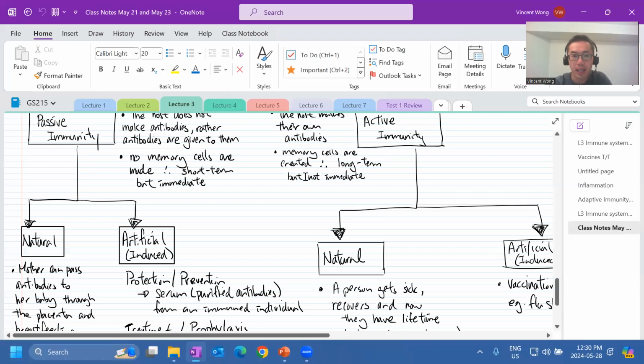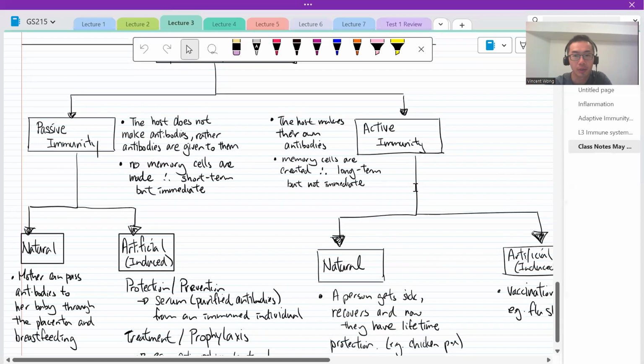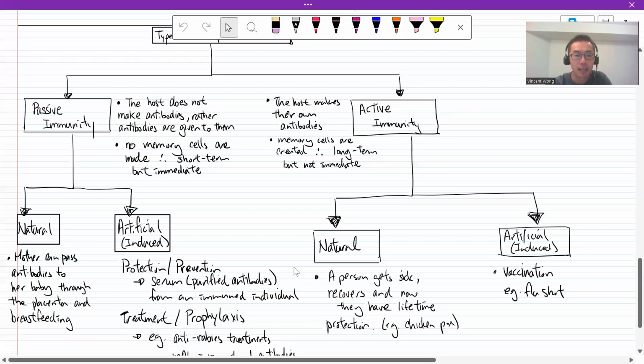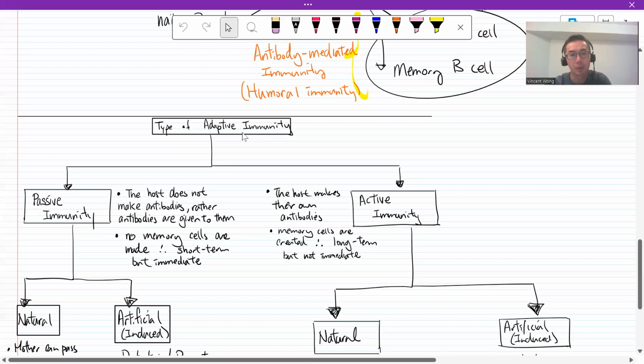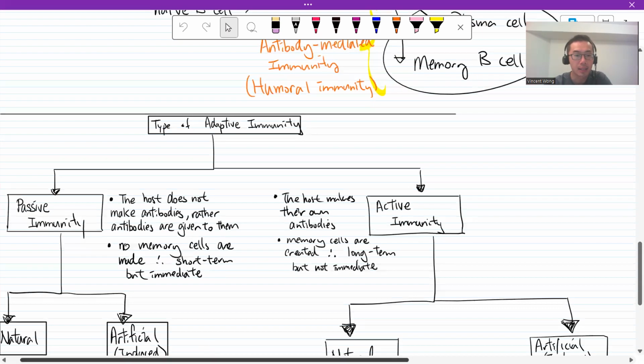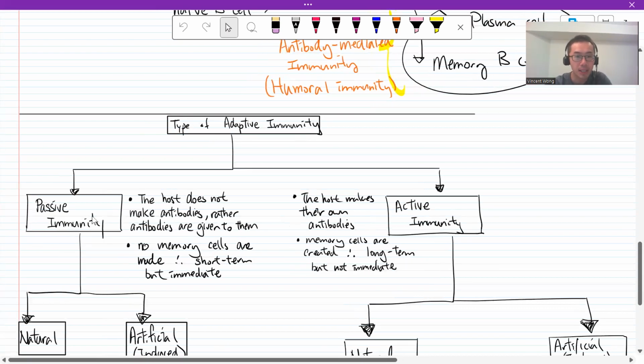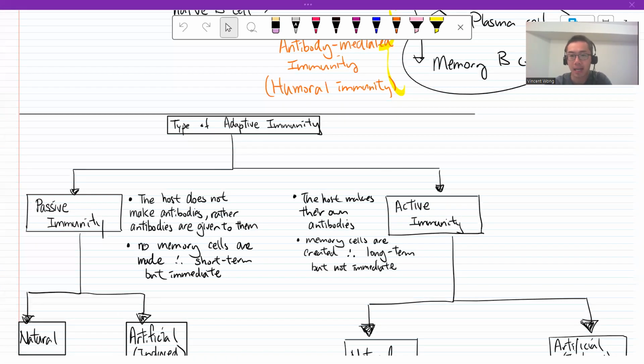So just a quick recap. Last class, we talked about the different kinds of adaptive immunity. We can separate it into passive immunity or active immunity. Basically, for passive immunity, the host does not make their own antibodies.